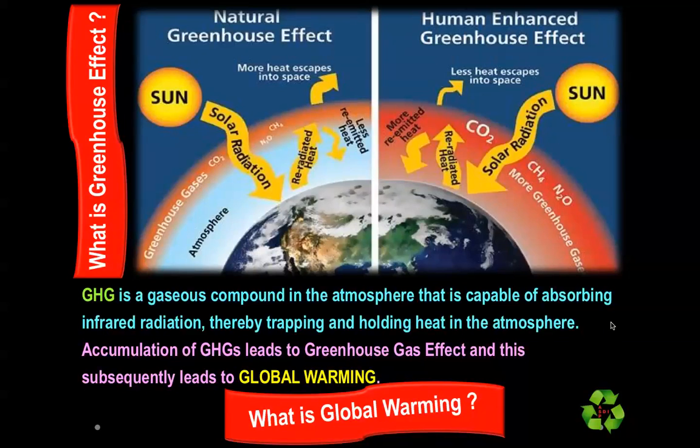Why? Because of the Earth's surface, the water surface, and the polar ice caps, the Greenland ice sheets, etc. And then 25 to 30% gets absorbed by the Earth's surface, the ocean water, everything.